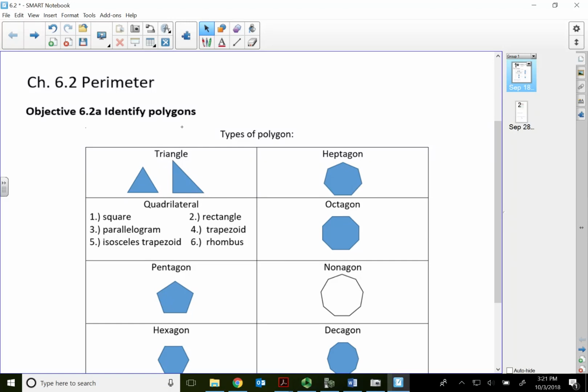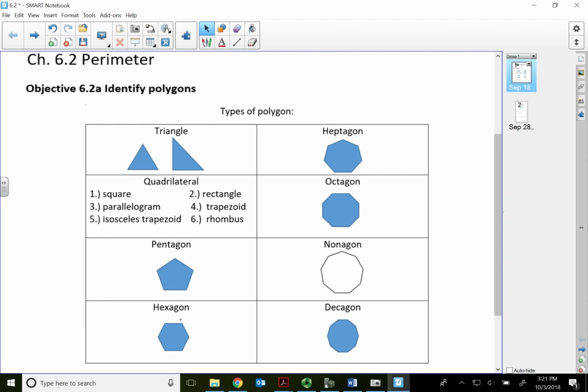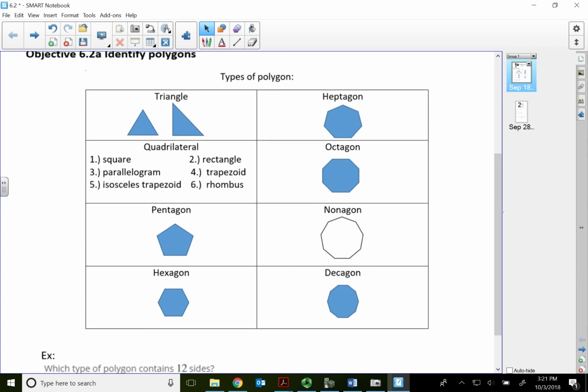Poly means many sides, so our very first official shape is called a triangle. Then we have four-sided, which is called the quadrilateral. The gon starts kicking in with five-sided pentagon, six-sided hexagon, seven-sided heptagon, octagon, nonagon, decagon, and so forth.